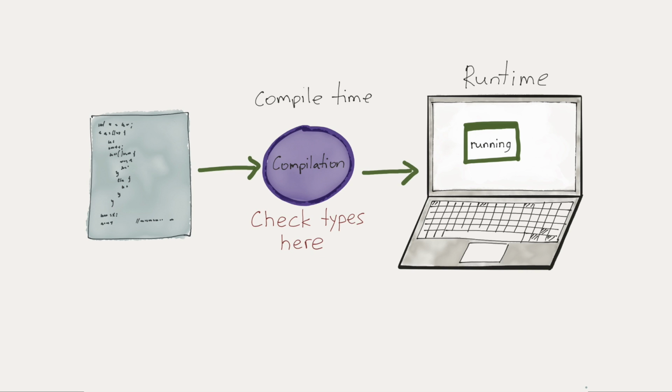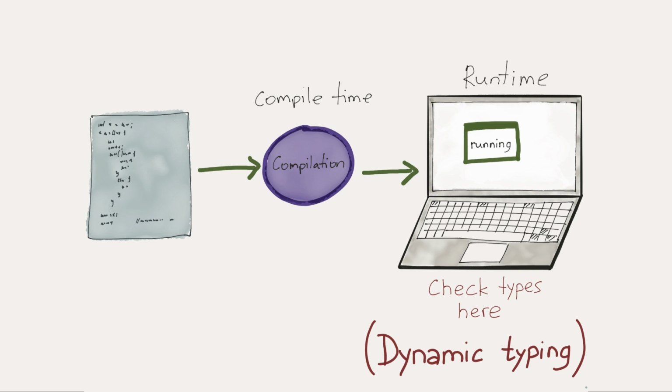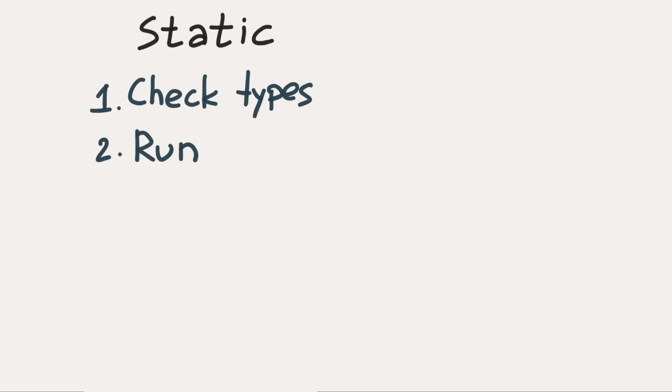Some languages check the types and look for type errors during compile time. Those have static typing. Other languages check the types and look for type errors during runtime. Those have dynamic typing. Another way to think about it: static typing means checking the types before running the program.